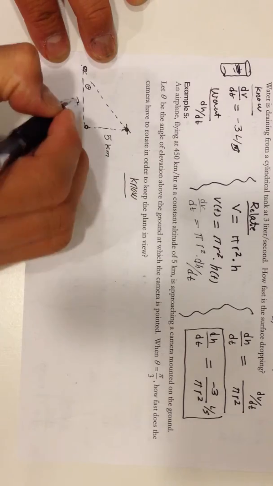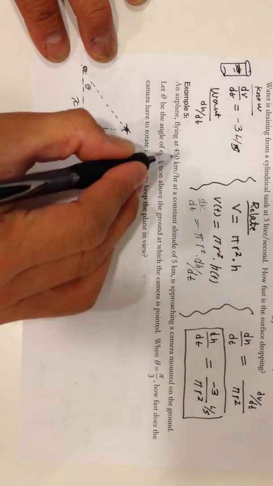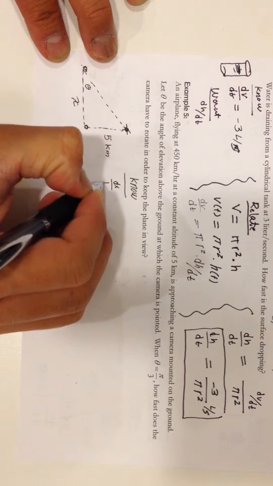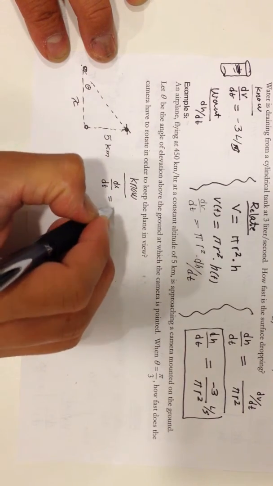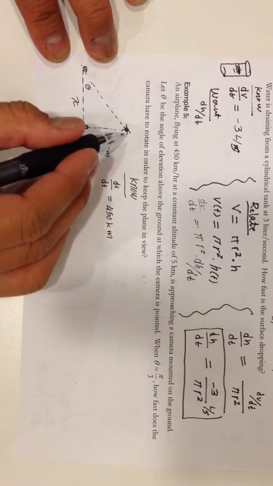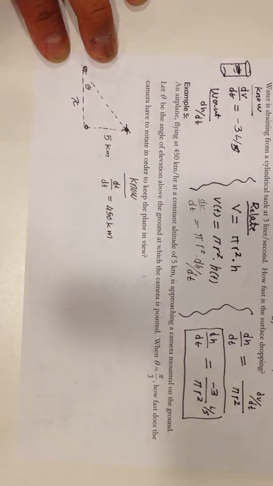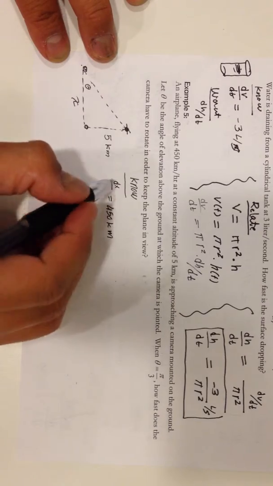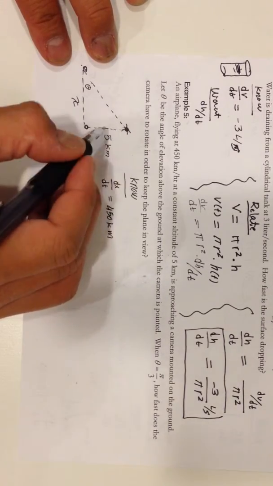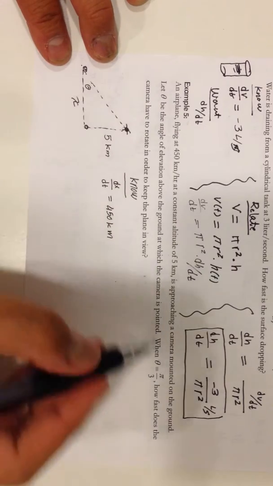Given this information, we know that the change in distance with respect to the change in time is equal to 450 kilometers per hour. And we also know that the altitude equals 5. If we consider this as y, then y equals 5. It is currently 5 kilometers above ground.